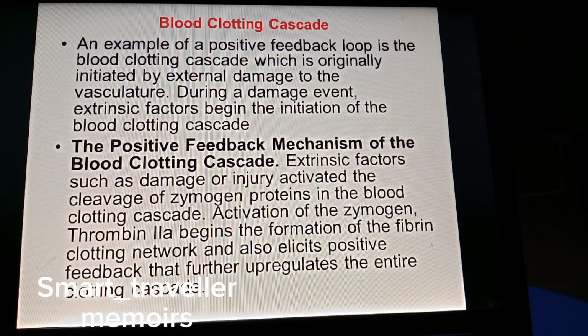Extrinsic factors such as damage or injury activate the cleavage of zymogen proteins in the clotting cascade. Activation of the zymogen thrombin begins the formation of the fibrin clotting network and also elicits positive feedback that further upregulates the entire clotting cascade. So you continue forming the fibrin network.